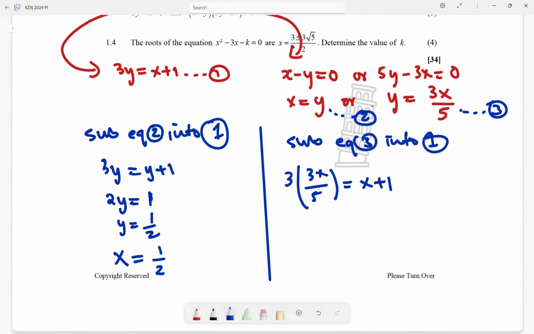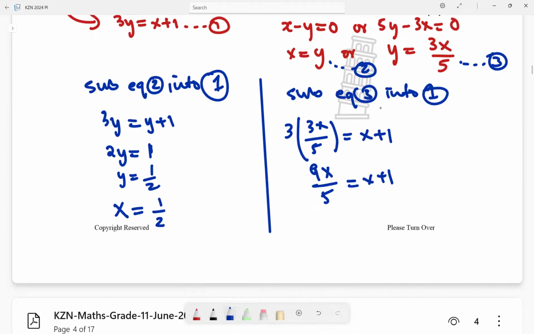I don't like how this question was structured, but yeah. So I have 9x divided by 5 equal to x plus 1. Multiply by 5, you get 9x equal to 5x plus 5. Then 4x equals 5, then x equals 5 divided by 4.